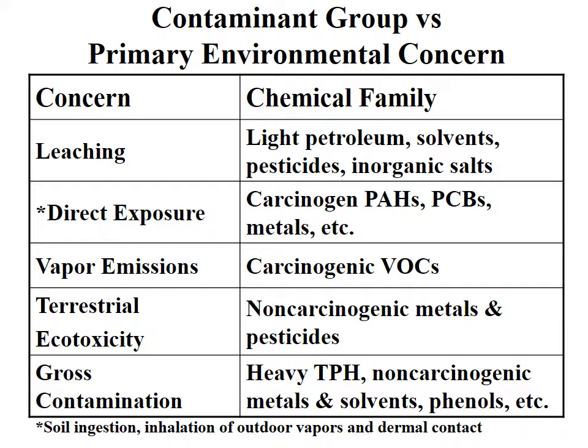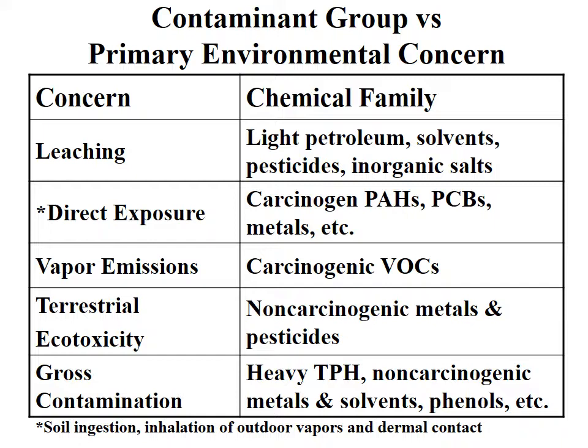And the same thing for a lot of pesticides. They're specifically designed to not be that toxic to humans, but intentionally designed to be toxic to terrestrial flora and fauna. So in these cases, for these chemicals, the primary concern is terrestrial ecotoxicity. Gross contamination concerns, heavy petroleum or even lighter petroleum, diesel, gasoline, petroleum in general.